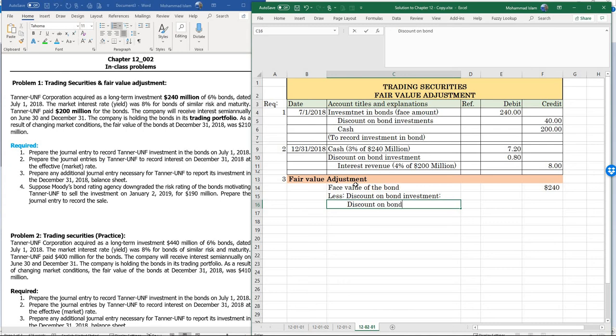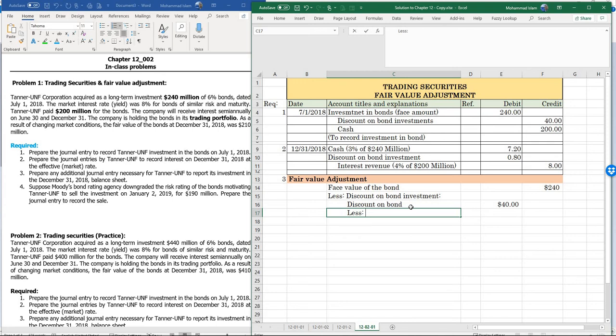How much discount do we have in total? See, this is 40 million, so 40.0. Then what do we need to do? We have already amortized 0.8 million.